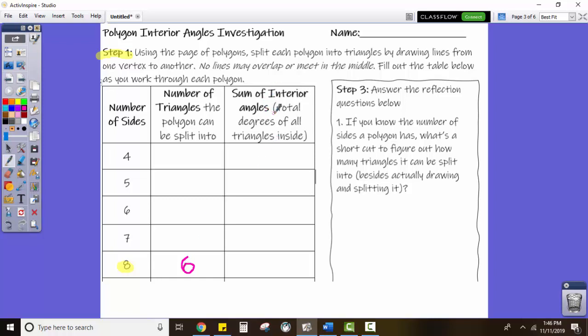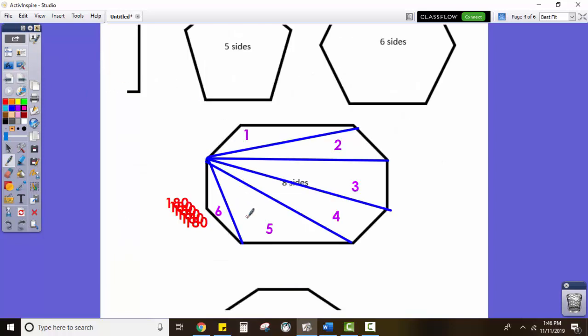And then the sum of the interior angles, that's the total degrees of all of the triangles inside. Now what you need to remember is that each triangle has 180 degrees. So when we measure the angles, this angle right here and this angle and this angle would all add to be 180 degrees.